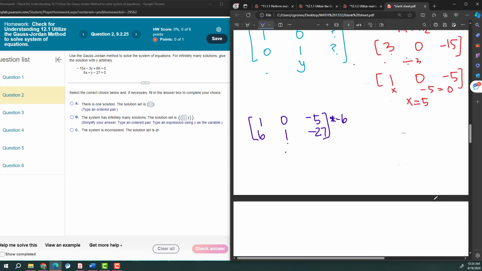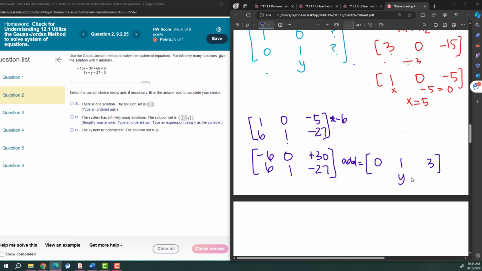So multiply everything by negative 6, and I get negative 6, 0, and then negative 30, and then I got 6, 1, negative 27. I'm going to add them together, and I get 0, 1, I'm sorry, this is positive. 30 minus 27 is positive 3.